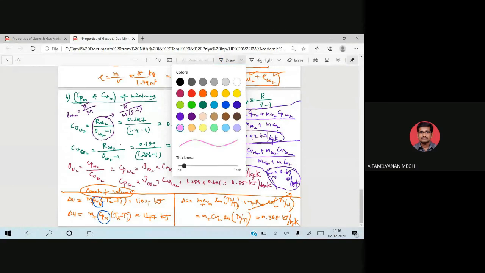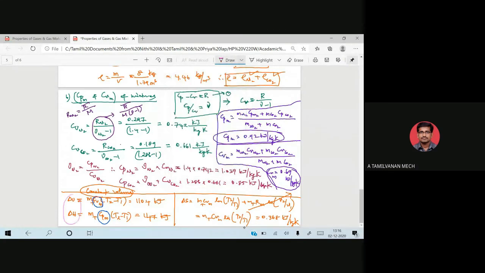Delta U and delta H are the same for constant pressure as well as constant volume, but we have a different entropy for constant pressure.